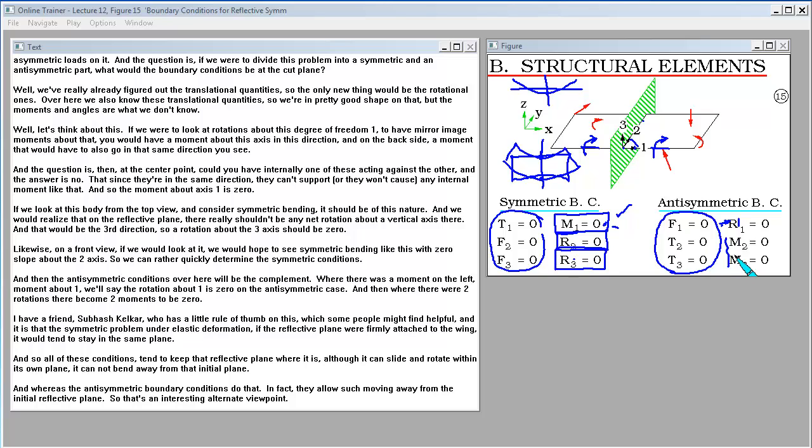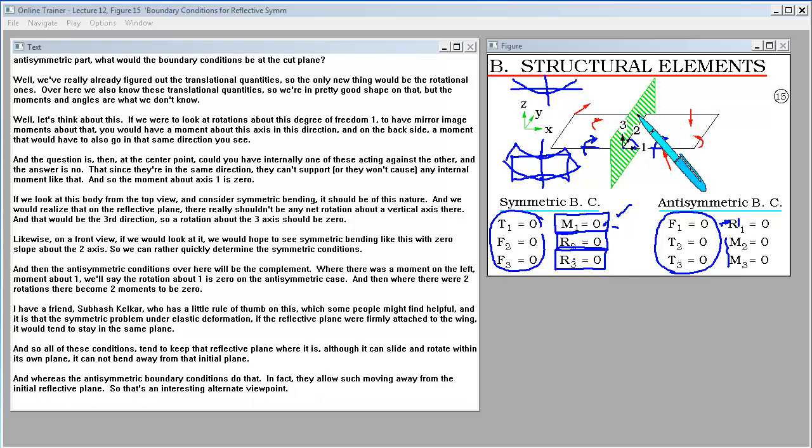I have a friend, Subhash Kelkar, who has a little rule of thumb on this, which some people might find helpful, and it is that for the symmetric problem under elastic deformation, if the reflective plane were firmly attached to the wing, it would tend to stay in the same plane.